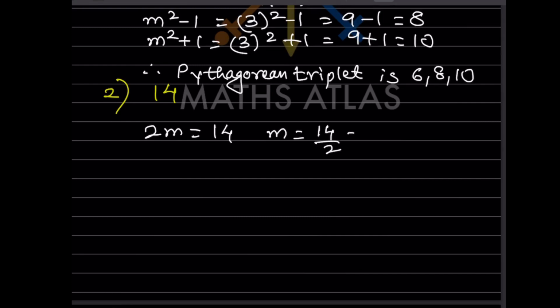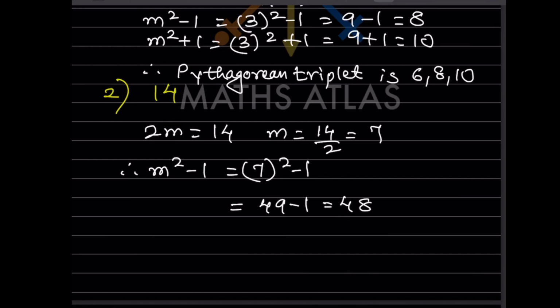That is going to be 7. So m is 7. So now here therefore m square minus 1. So that is going to be what? 7 square minus 1. So that is going to be 49 minus 1, that is 48. And m square plus 1, that will be 7 square plus 1, that will be 49 plus 1. So that is going to be 50.